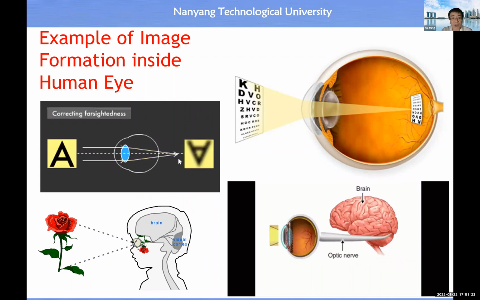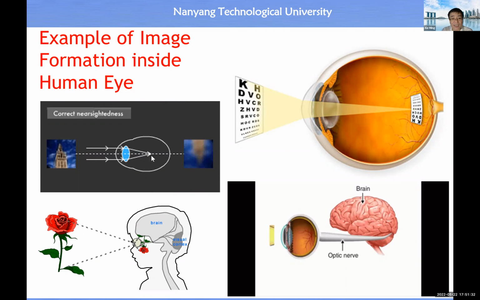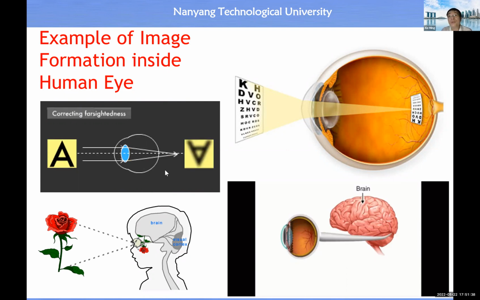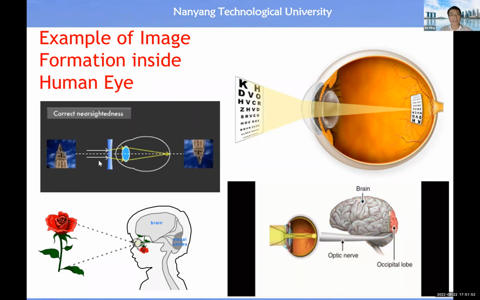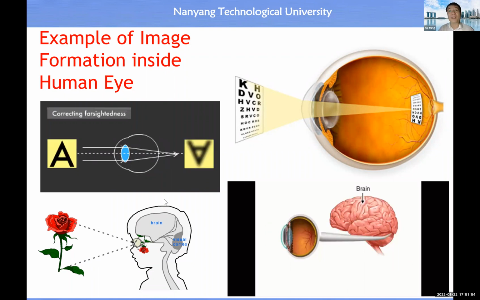You may have this situation, let's say our eye focuses the image here, then we must do rectification, or too near, you see, we focus the image here, then we must aid with a lens to bring it back to the right position. So this helps you to understand our lens is not perfect, and sometimes we need to do rectification in order to have a clear vision, right? So I guess some of you may have such a problem, right?